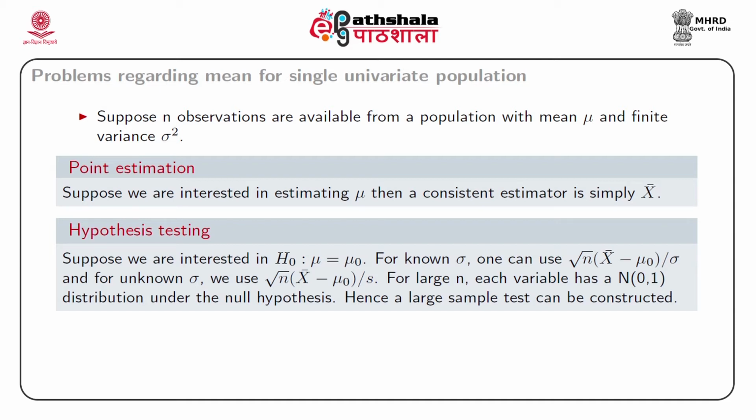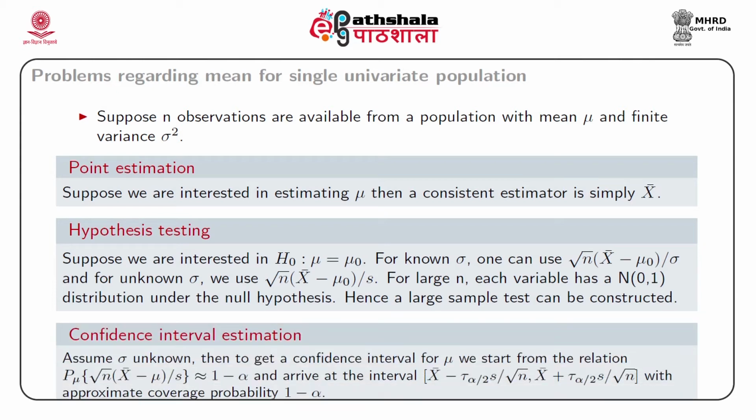Our next problem: after performing some test of hypothesis, it is natural to consider confidence interval estimation. So first of all, assume that sigma is unknown, and therefore to get a confidence interval for mu, we start from the approximate relation that the probability that the absolute value of square root of n multiplied by x bar minus mu by s is less than or equal to tau alpha by 2 is approximately equal to 1 minus alpha.